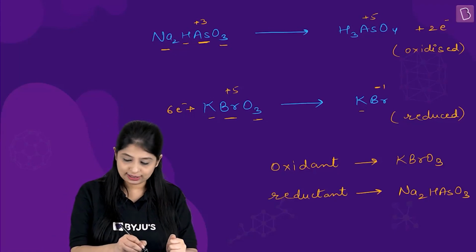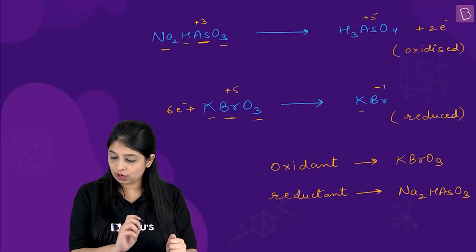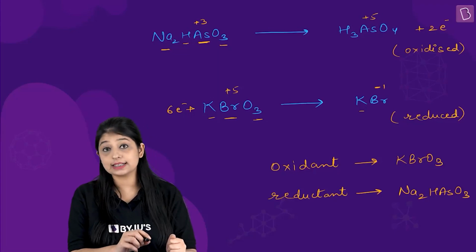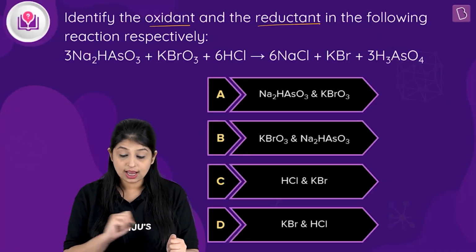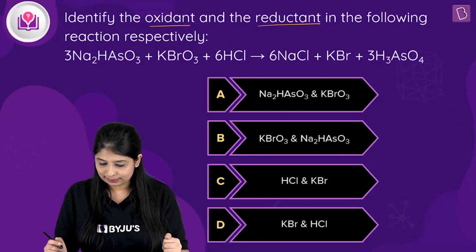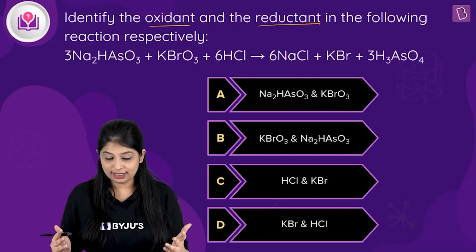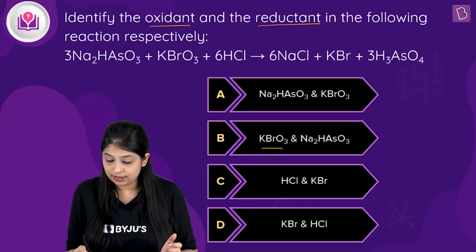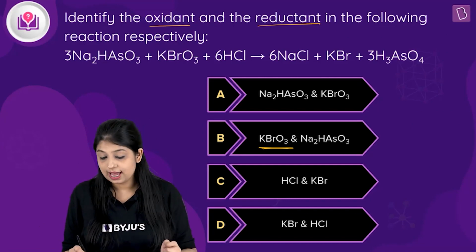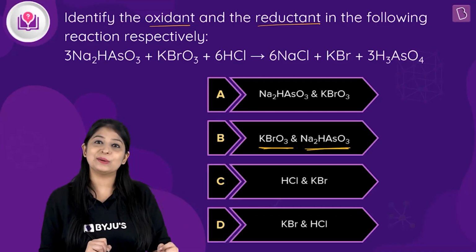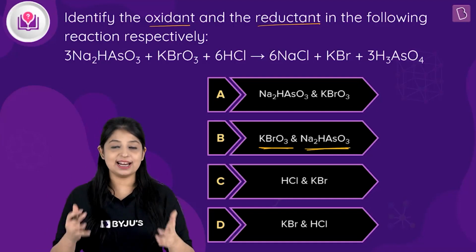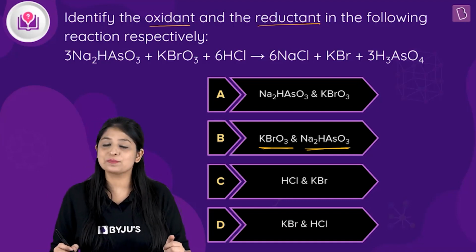Let's check which option it matches. Oxidant is KBrO3 and reductant is Na2HAsO3. So the correct option to this question is option B.